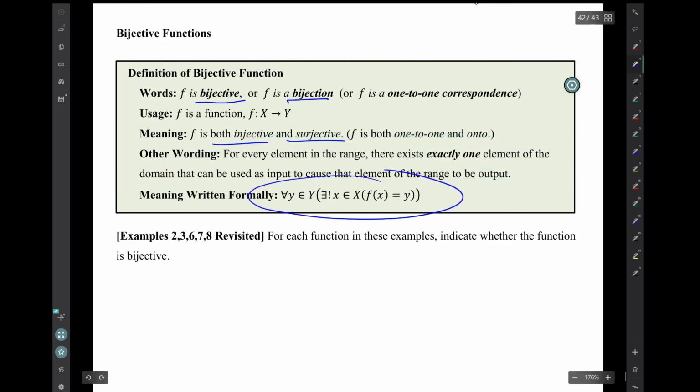So written formally: for every element of the range, there exists exactly one element of the domain such that that input causes that y value to be output. Now, I won't go back and revisit our earlier examples to see which ones are bijective. You get the idea. Whichever ones are both surjective and injective are bijective.